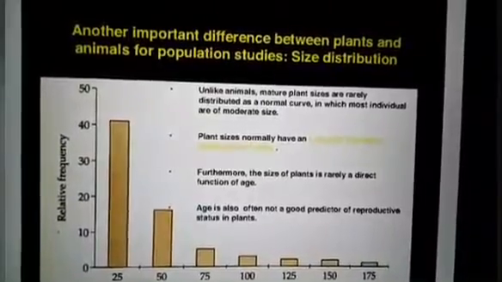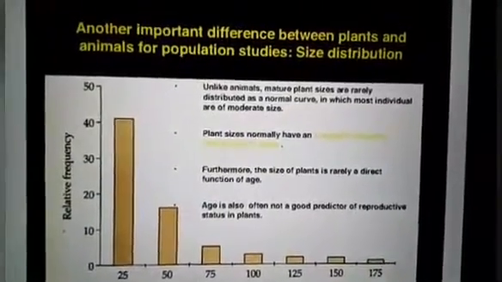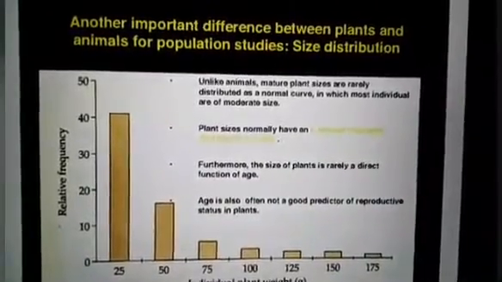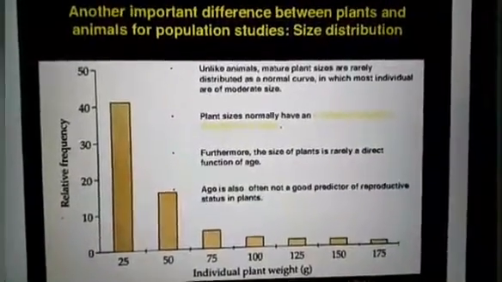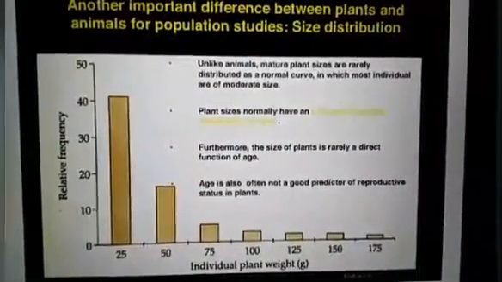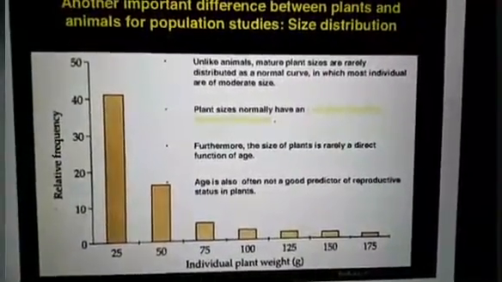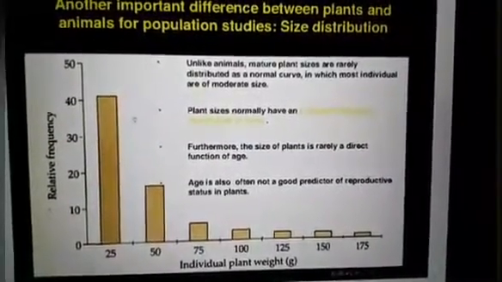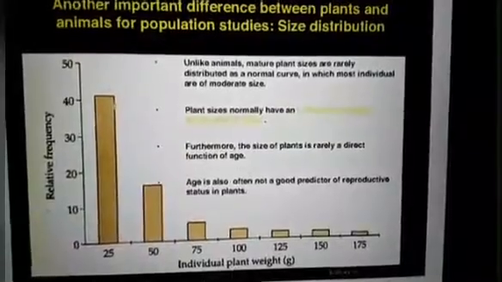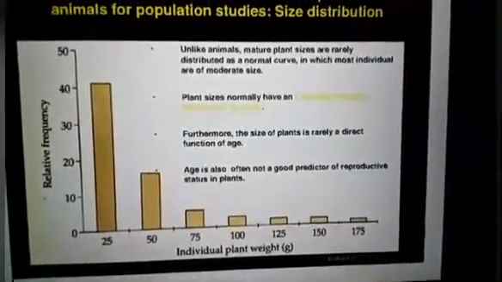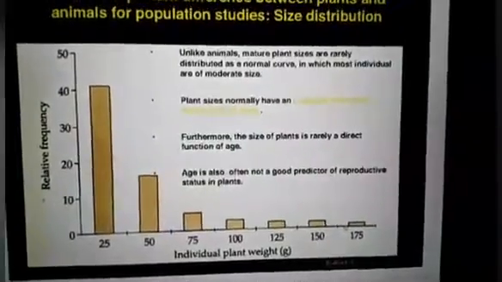For example, invasive plants can reach maturity in a matter of a few months and then be able to reproduce seeds which will represent them in the next generation. So this is how a graph of the plant size looks. It's an L shape.